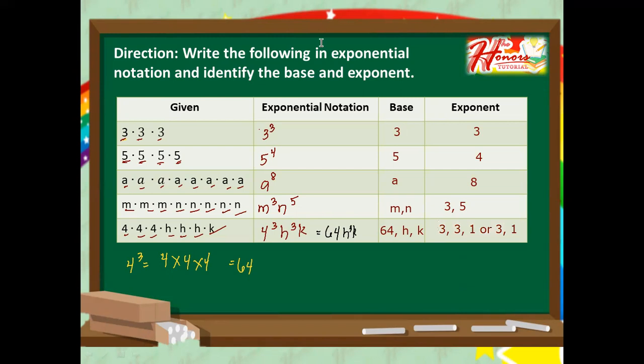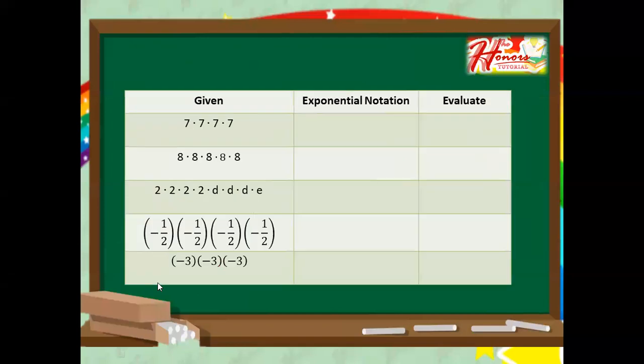Okay. Next, let's have another example. So for this, we have here 7 times 7 times 7 times 7. Exponential notation, just write 7 here and then count how many times it is multiplied to itself, and that is 4. Evaluate. Evaluate meaning you have to simplify. 7 raised to 4 is not 7 times 4.